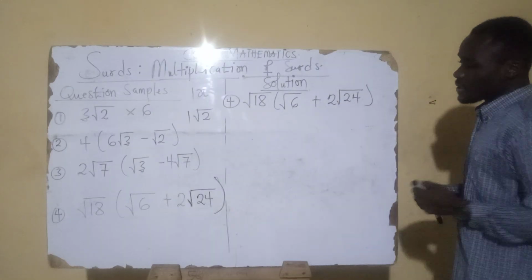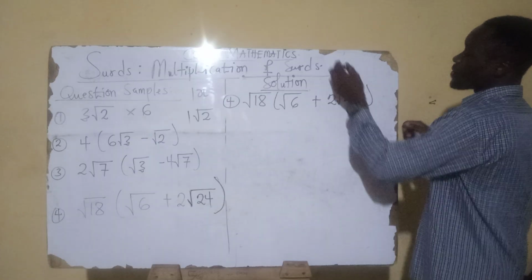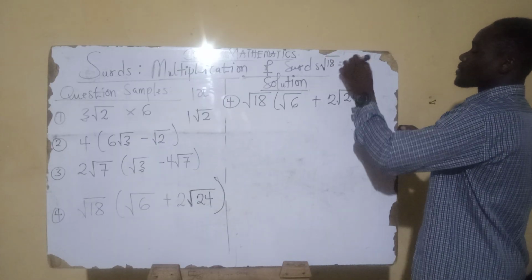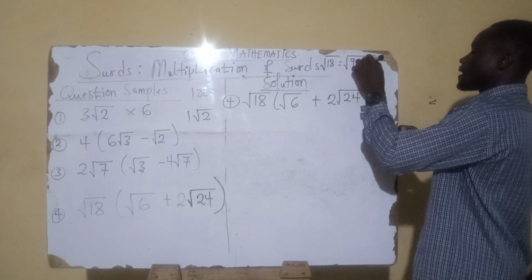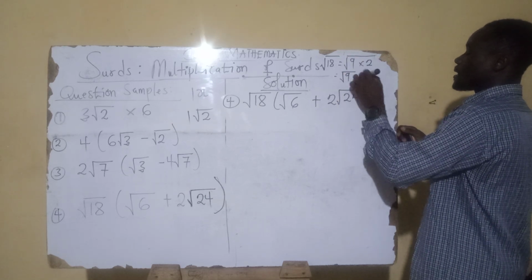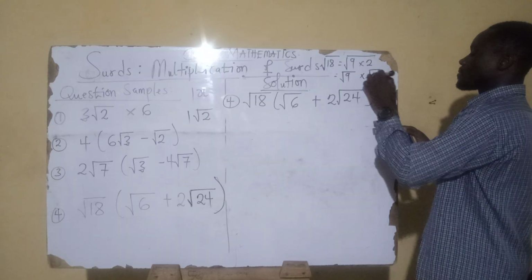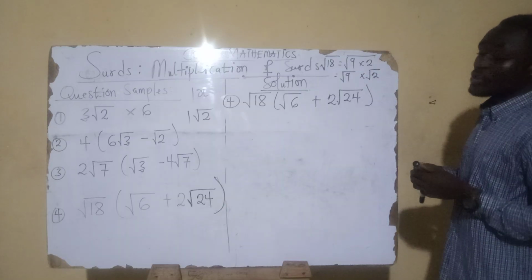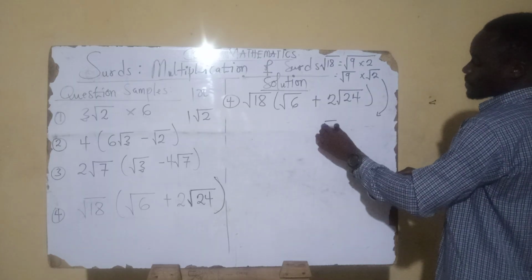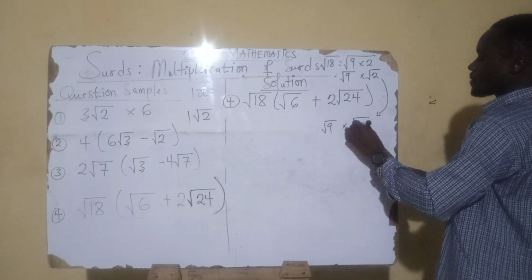Very good. So let's decompose root 18. Root 18 can be decomposed as root of 9 times 2, same as root of 9 times root of 2. And this I will not waste my time on because we've done it previously. And we have root of 9 multiplying root of 2.